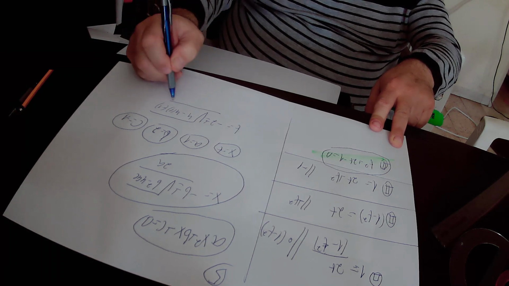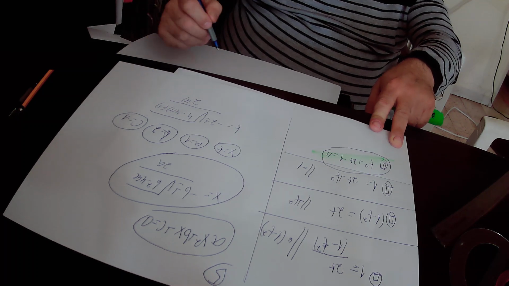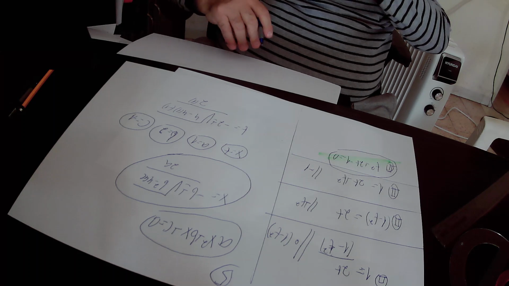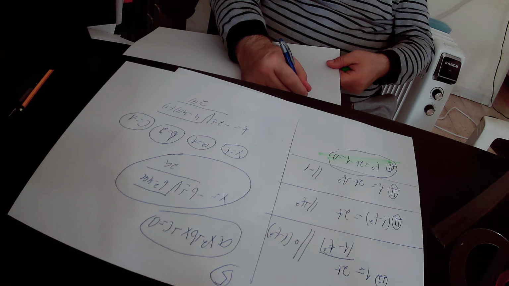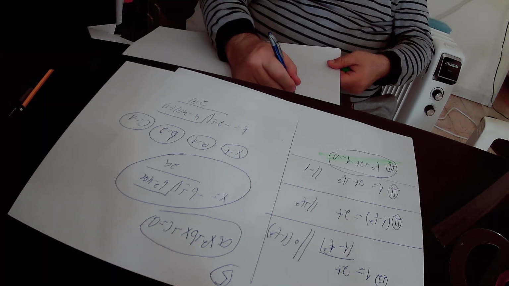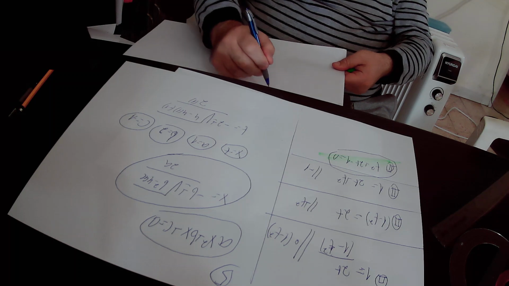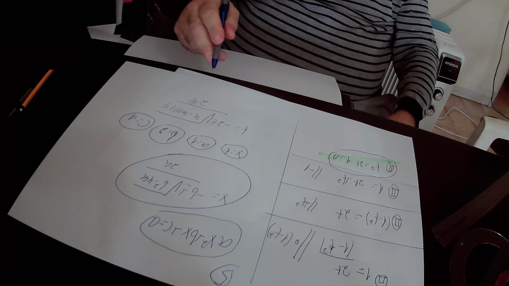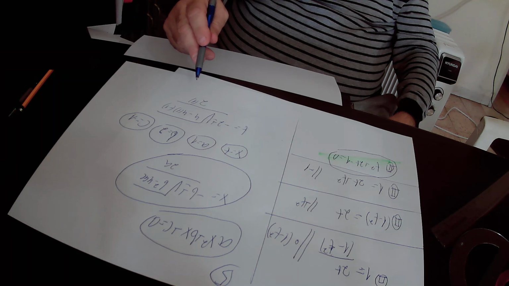All divided by 2 times a is 1, so it is 2 times 1. So in conclusion, we found out that t equals minus 2 plus minus. Inside the root we have 4, and minus 4 times minus 1 is plus 4.